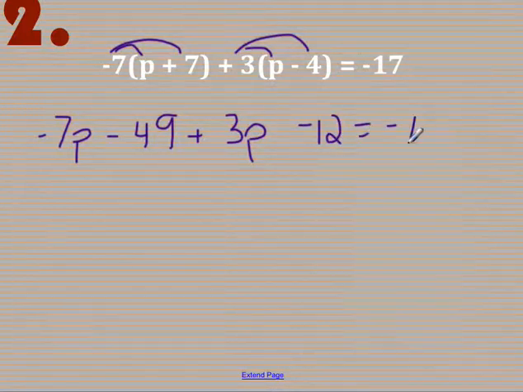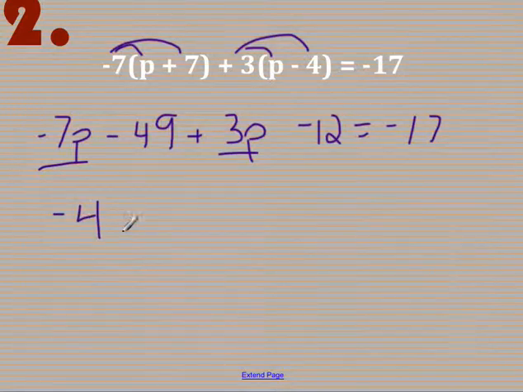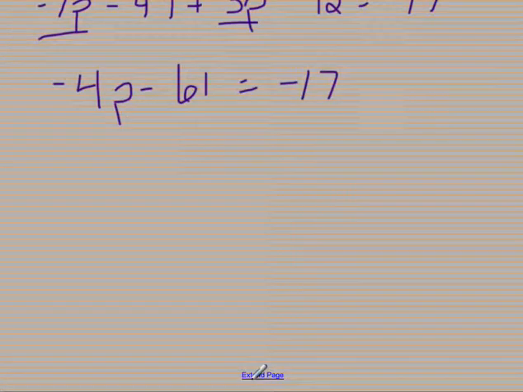All of that is equal to negative 17. Now we need to combine like terms. Negative 7p plus 3p gives me negative 4p. Negative 49 minus 12, again, when you add two negative numbers, it gets more negative. That gives you negative 61, equal to negative 17.